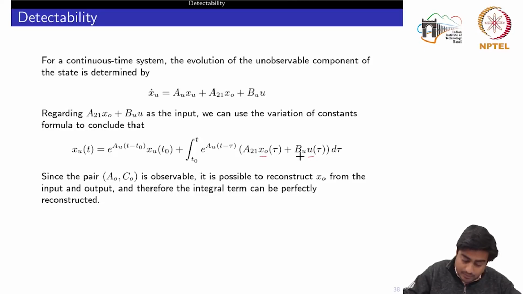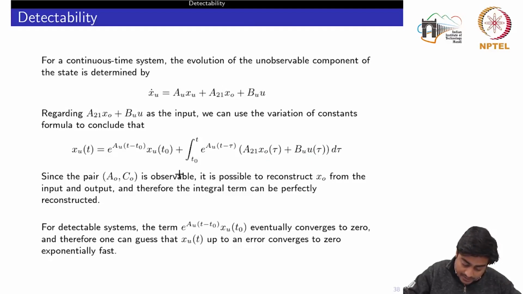So actually I can compute this integral once I have the knowledge of this AU matrix. For detectable systems, this term eventually converges to 0 because we have ensured that AU is a stability matrix. This is in the definition of detectability, and therefore one can guess that XU, up to an error, converges to 0 exponentially fast.